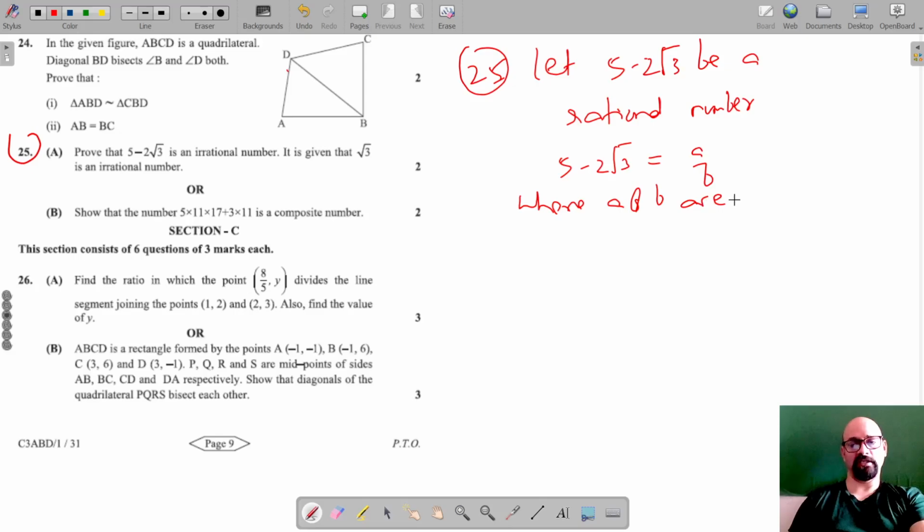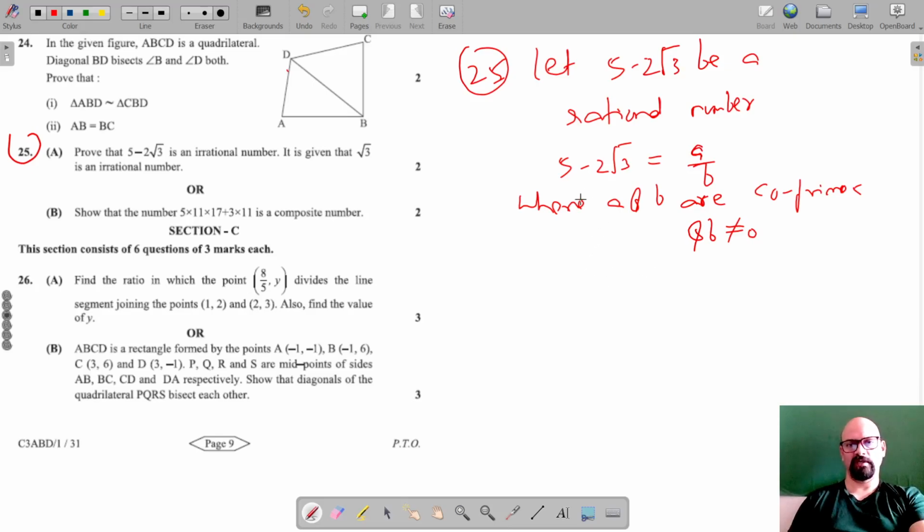That means they do not have any common factor except 1. And we have to make sure that B is not equal to 0.